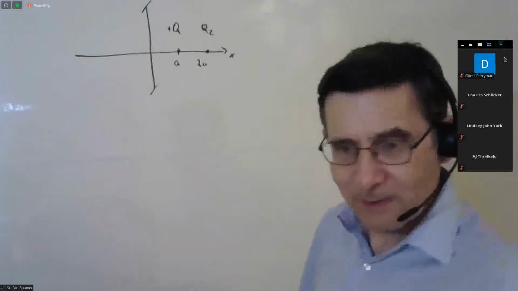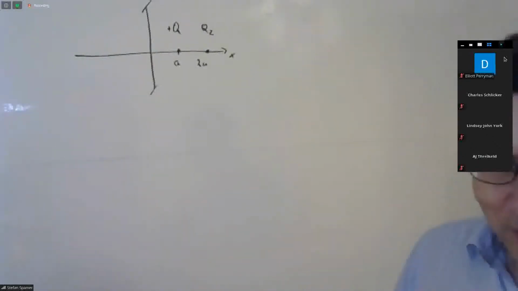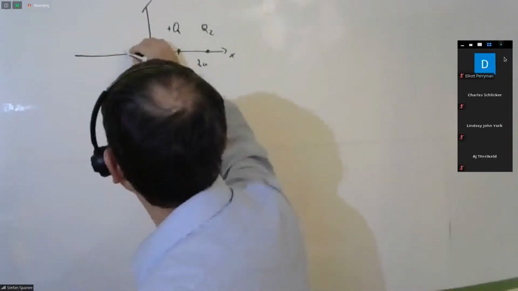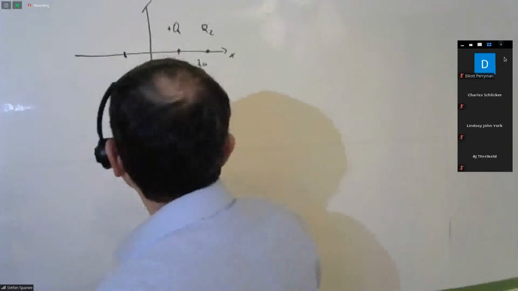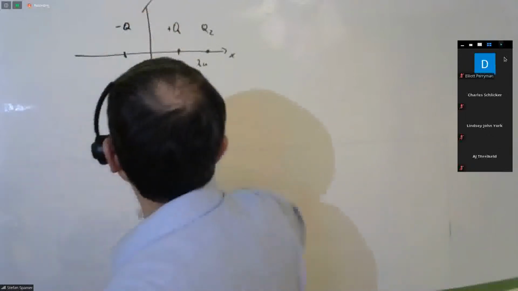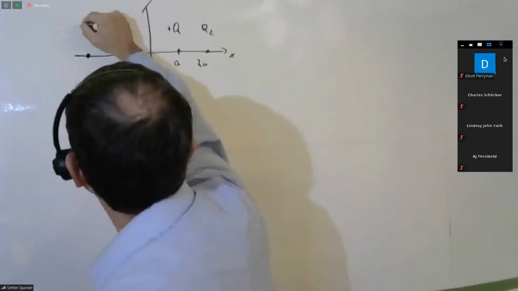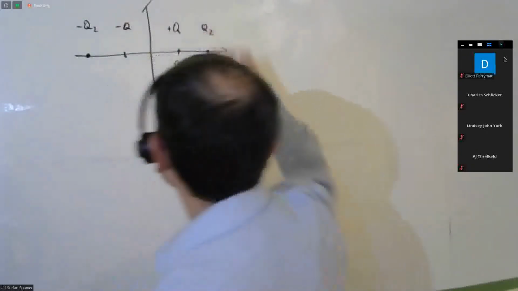Here's the mirror charge, at minus a here. I find minus Q. This is the first image. And over here, I find minus Q2 if I get this plus.